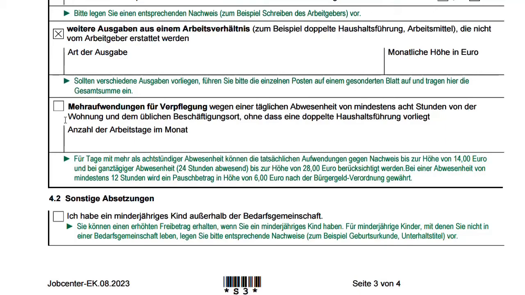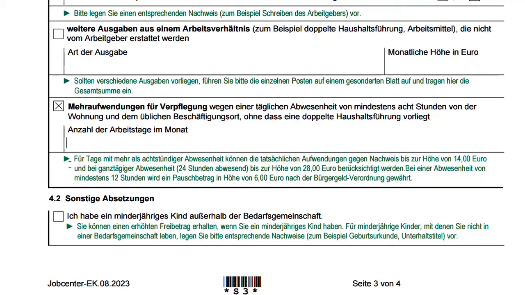If he or she has additional expenses for meals due to a daily absence of at least 8 hours from home and the usual place of employment, without considering his or her 2 homes or 2 apartments, you mark here with a cross, and here you write the number of the days in the month he or she is absent from his or her home.